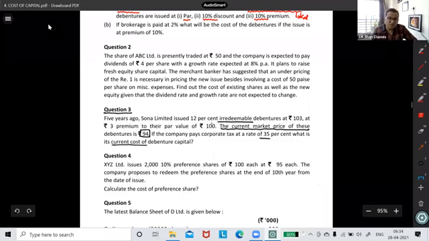What is the current cost? When we are asked for the current cost, this data of 5 years ago becomes irrelevant. 5 years ago, Sona Limited issued 12% debentures at 103, that is at a 3% premium. All this becomes irrelevant now, right?